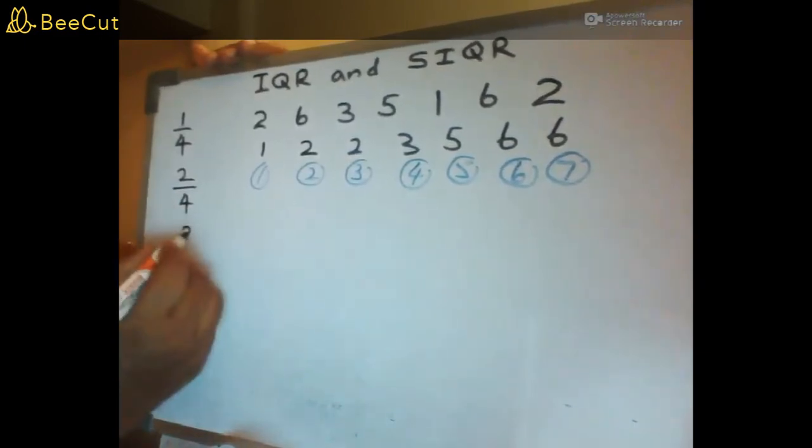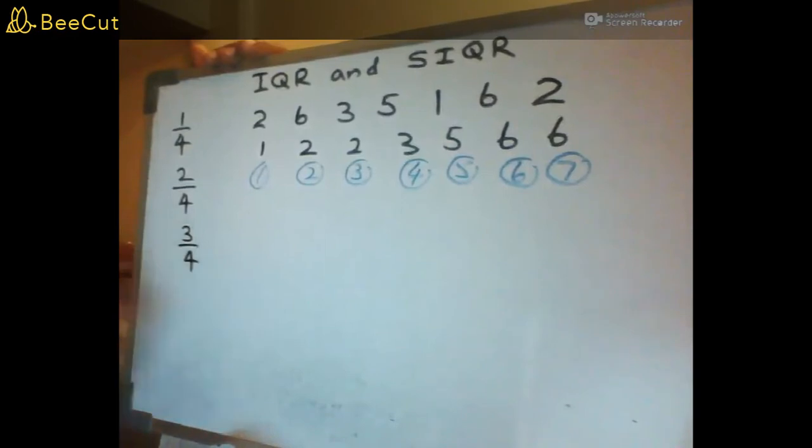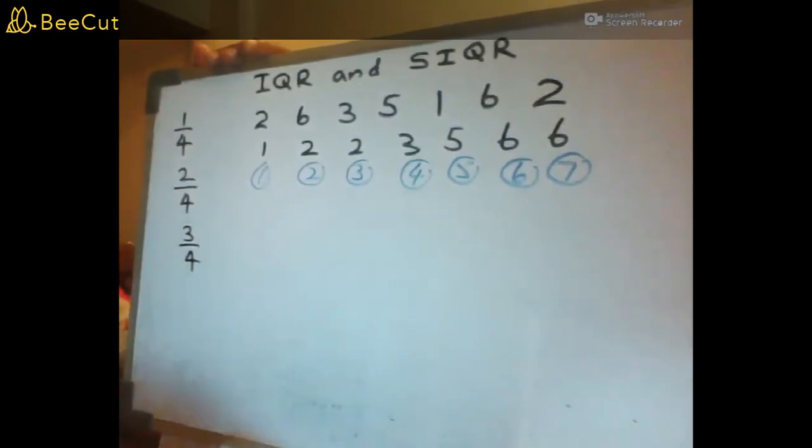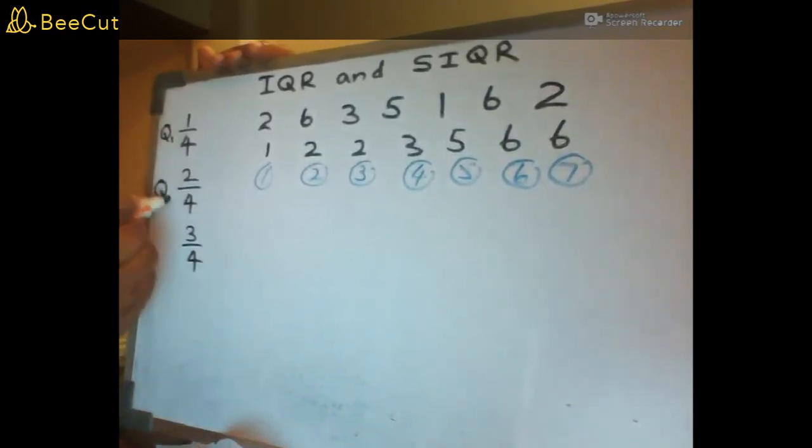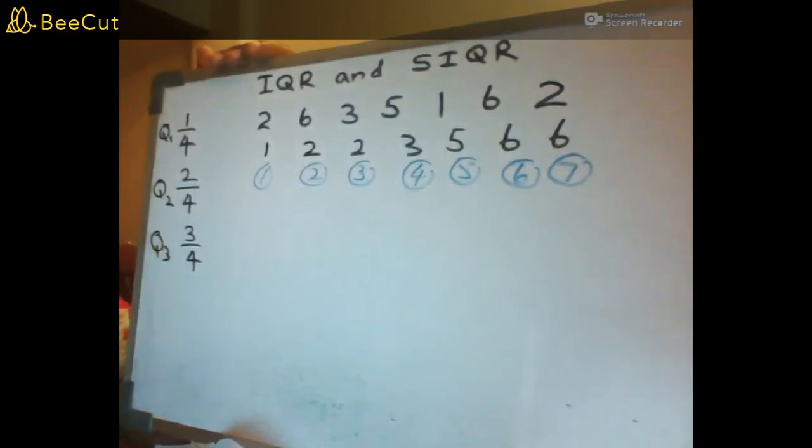Then this one, 3/4. So here it is Q1, first quarter. This one, Q2, second quarter, and this one, Q3, third quarter.